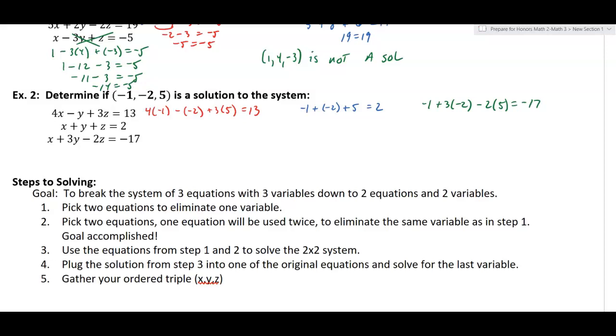So with this, if we plug the ordered triple (negative 1, negative 2, 5) into the first equation, 4 times negative 1 is negative 4, plus 2, plus 15, does that equal 13? Well, negative 2 plus 15 equals 13. 13 equals 13, that checks out.